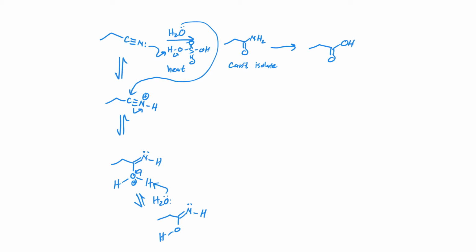And my goal also is to end up with NH2 right here, which ultimately then gets hydrolyzed to the carboxylic acid. So I need another proton on my N. I just gained one from the acid. So let's draw H3O plus again right here. We'll protonate that.